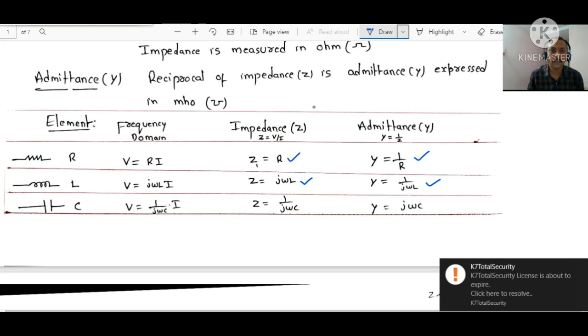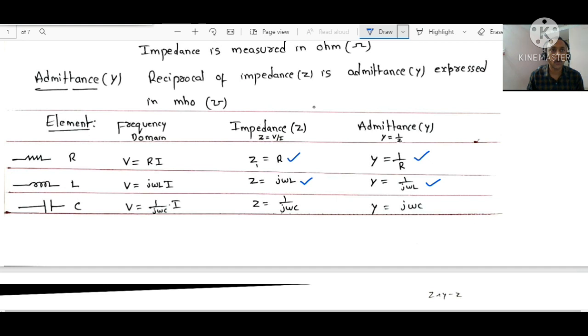Similarly, for capacitor, V equal to 1 by j omega C into I. Now Z equal to ratio of V and I, right? So we will get 1 divided by j omega C, and Y equal to simply j omega C. So this is how to find the impedance and admittance of individual elements.